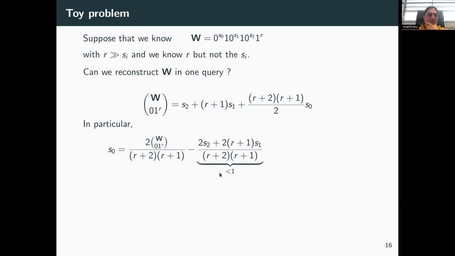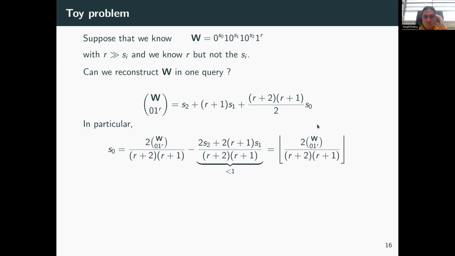But now there is something interesting. We know that S0 is an integer. So in fact, this implies that S0 is simply this taken to the nearest integer. Not the nearest, but, how do you say this, the flooring, yeah. So S0 is simply the flooring of this quantity, because this is something which is between 0 and 1. This is an integer, so it has to be the flooring of this quantity.